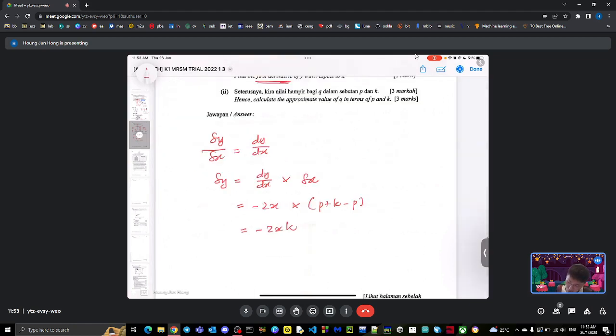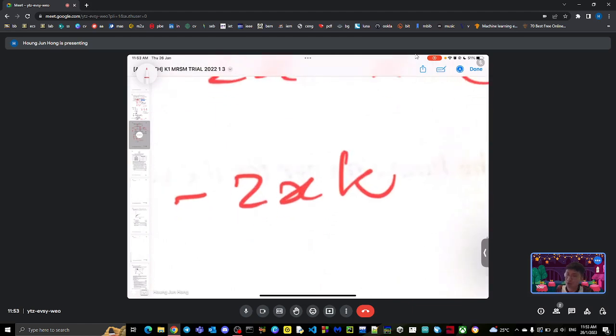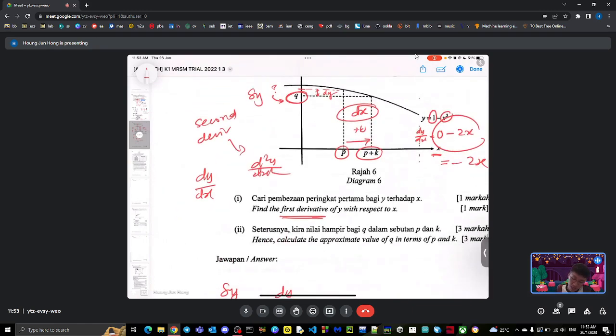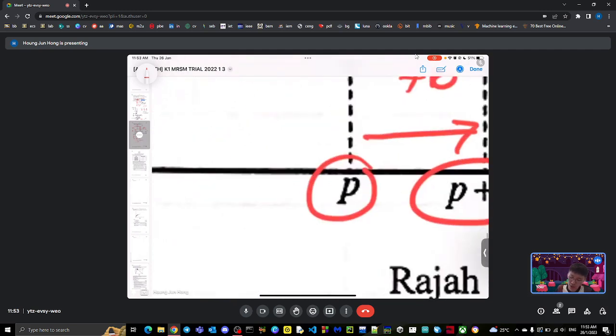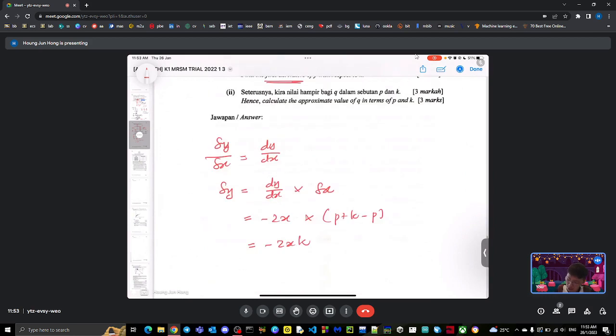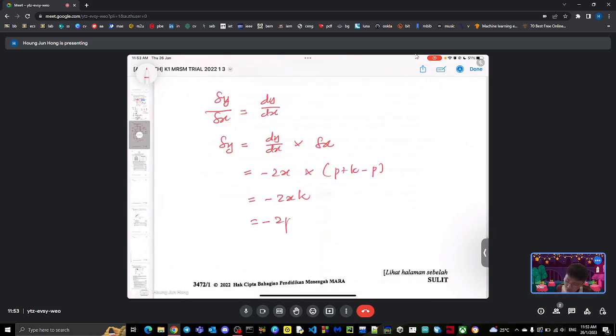We're not done yet because the value of x shouldn't be just left with x. Everything here has a value, including x and y. So the value of x here is p because we are trying to find what happened when the point p changes. So p is our main character, our 主角. So p is our main value of x. So don't put in p plus k, put p.